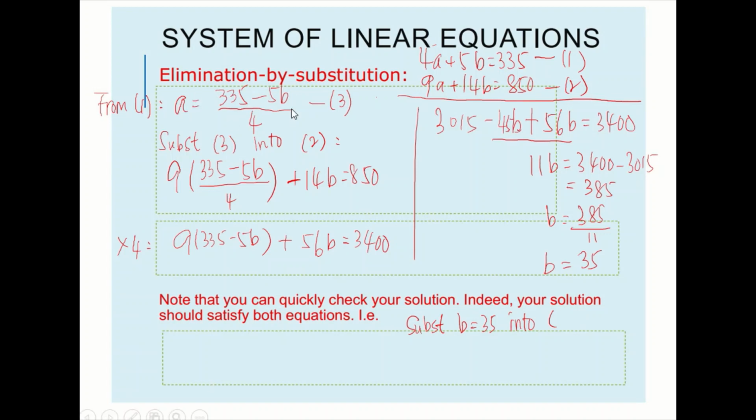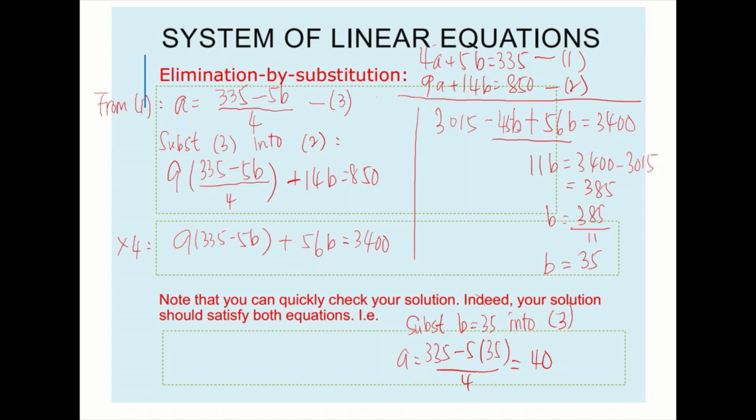We have a equals to (335 minus 5b) over 4, and solving this, we will get 40. We can see we're getting the same answer: it's 40 units for model A and 35 units for model B.